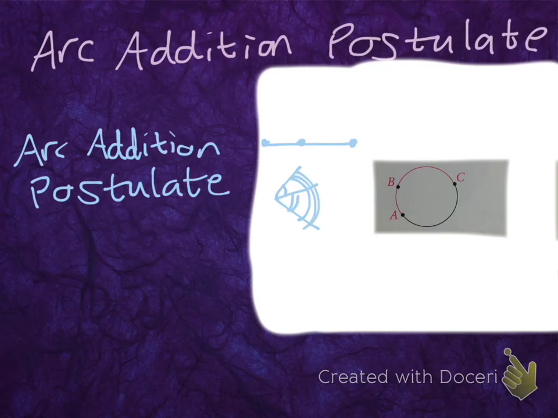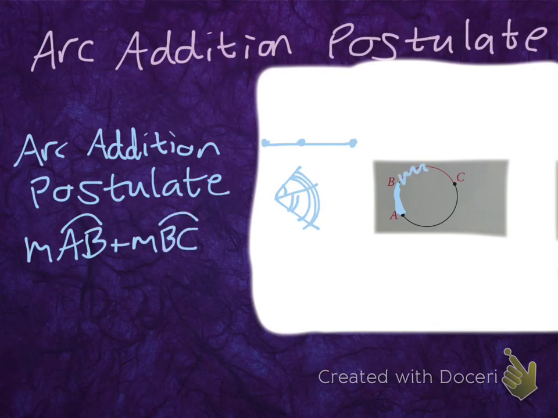It's going to say that the measure of arc AB, which is here, plus the measure of arc BC, which is here, will give you the measure of the entire arc that I just traced.